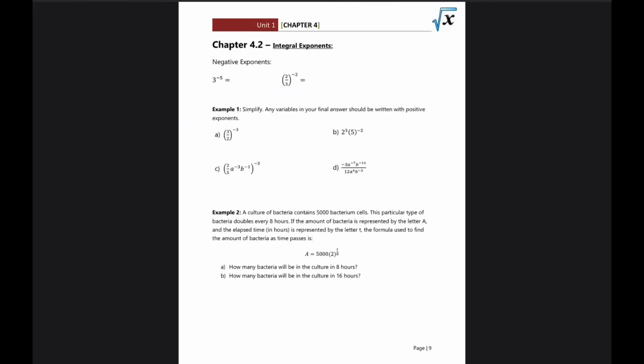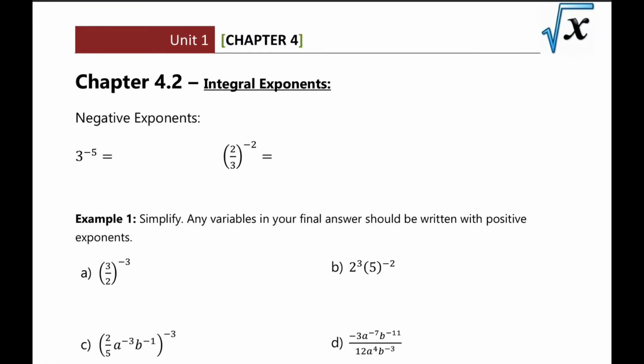All right, moving on to chapter 4.2, integral exponents. Let's go over negative exponents. So previously we only talked about nice positive numbers, but now we need to look at a negative number. So this value is an integer value, and that is why it's called integral exponent.